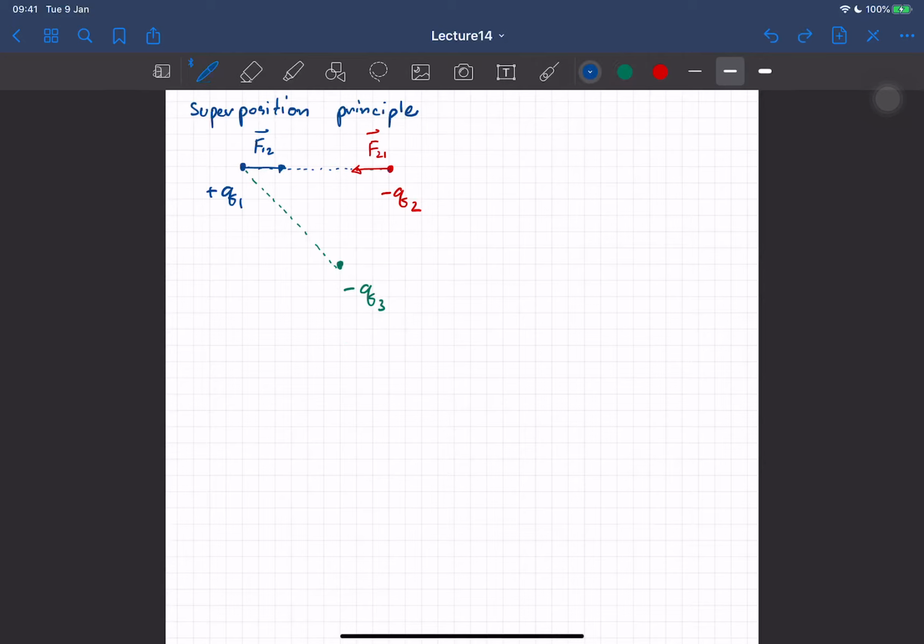Q1 and Q3 are opposite polarity, so this one and this one also attract each other. Attract each other means F13, because it's the force on Q1 by Q3. And you also have a force pointing this way on Q3, so that's going to be F31.